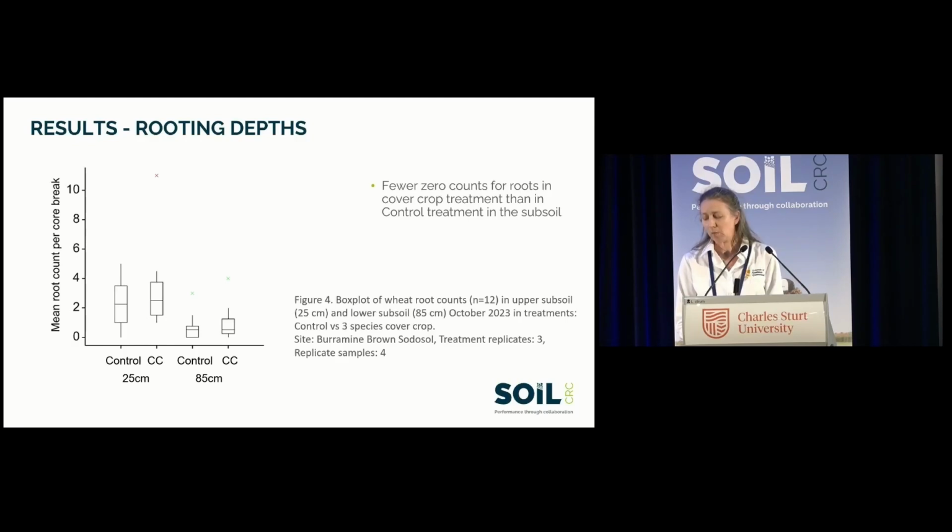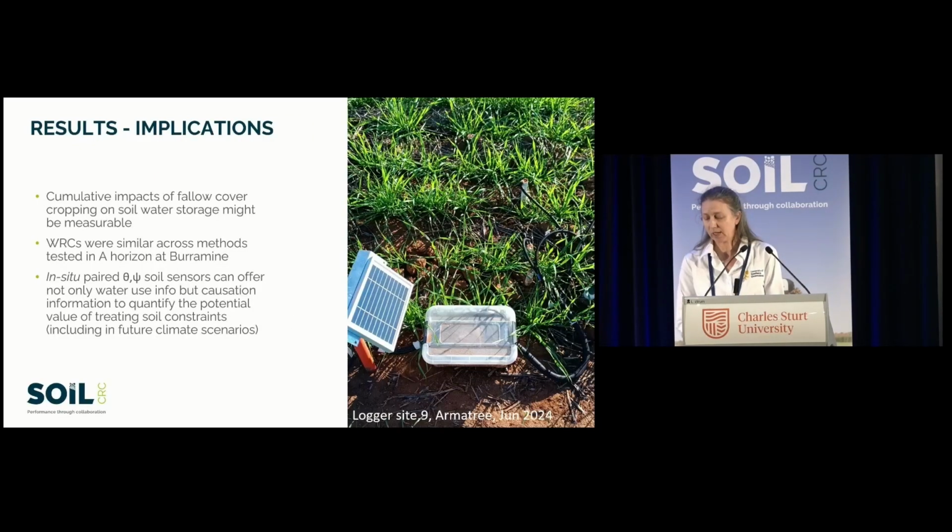We won't see significant differences between those, but we'll have a closer look, hopefully, at the root activity to help draw some lines of evidence as to what is causing some of those differences.